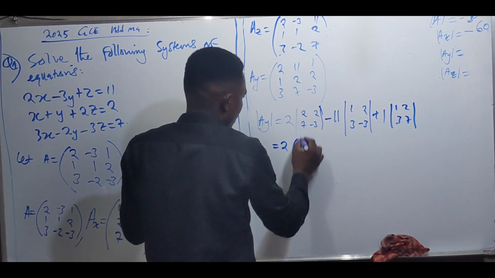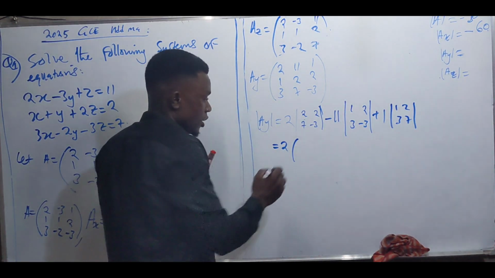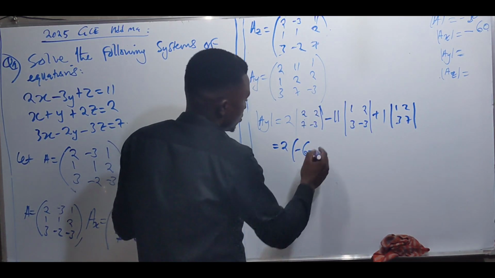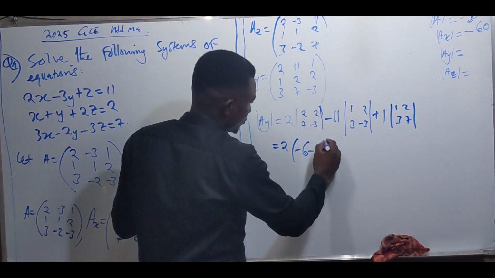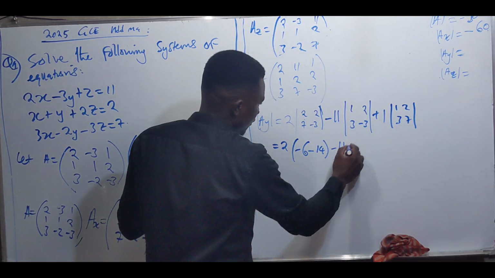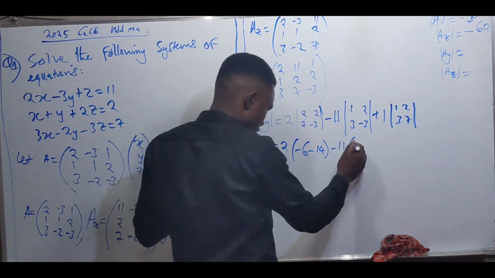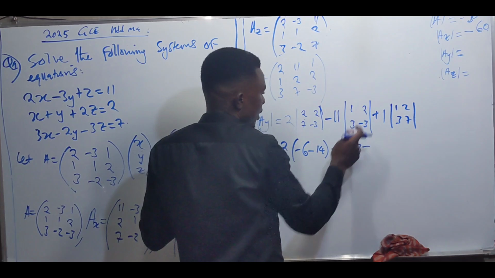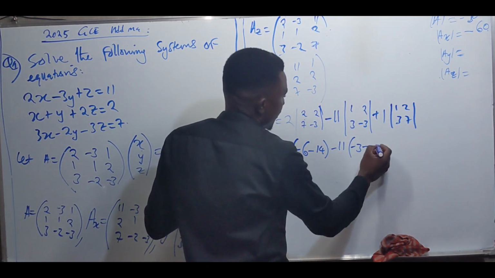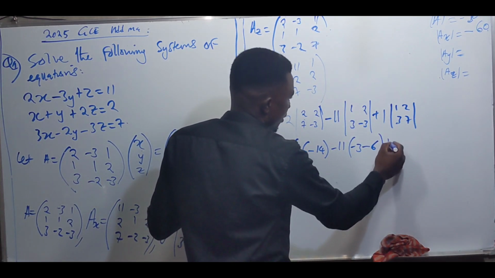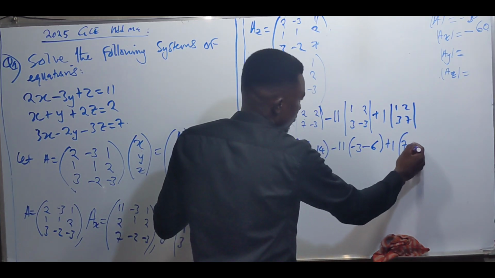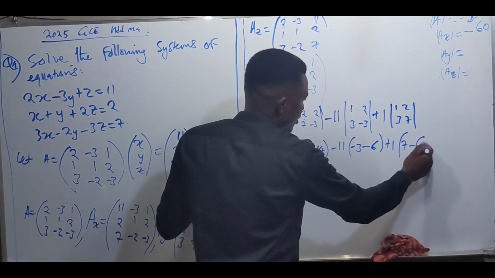2 multiplied by -3, that is -6, minus 7 multiplied by 2, that is 14, minus 11. 1 multiplied by -3 is -3, minus 3 multiplied by 2, that is a 6, plus 1. 1 multiplied by 7, that is 7, minus 3 multiplied by 2, that is 6.